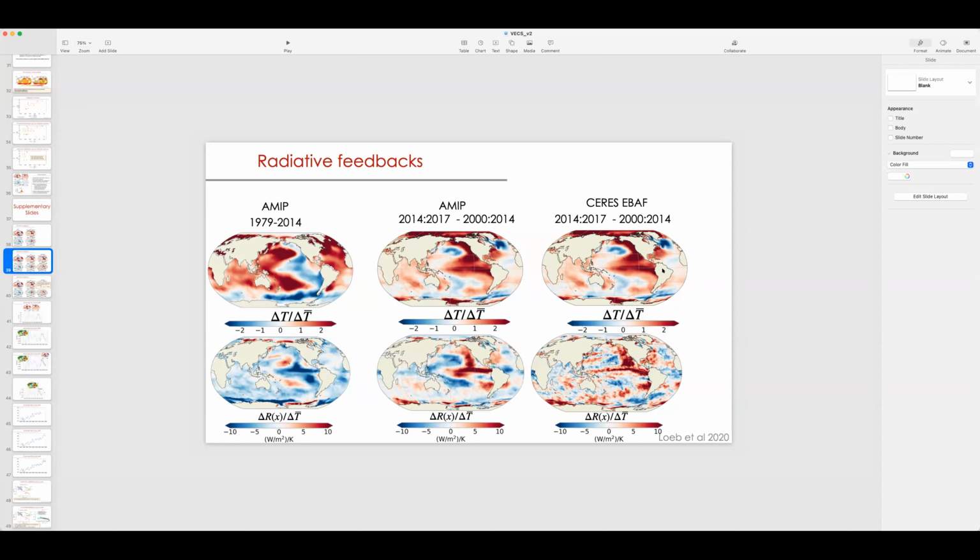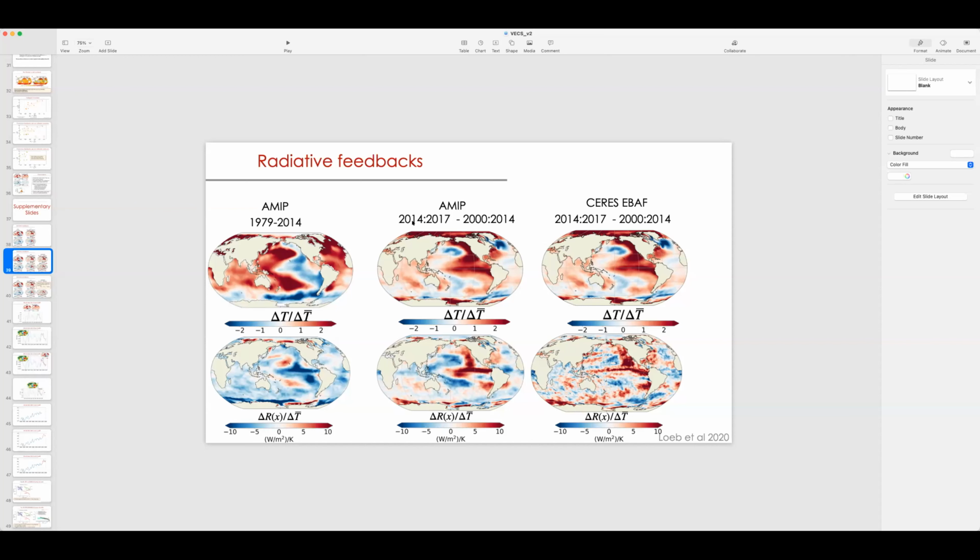So top are SST patterns and bottom are radiative feedbacks, local radiation divided by global temperature trends. Left is the AMIP interval, 1979 to 2014, what I showed. And this shows that actually, as Gavin pointed out, things have switched dramatically since 2014. And it's kind of a pity that that's where our AMIP simulations end. But Norm did cajole a bunch of us to look at this later interval.